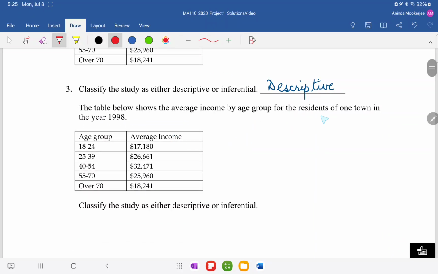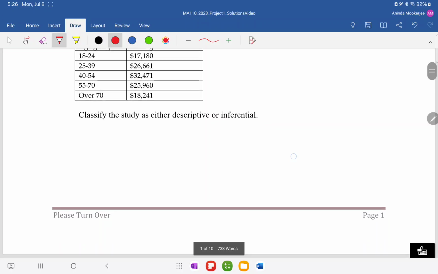So for this one, we should conclude that it's descriptive statistics because they've just taken actual data from whatever place it may be, and they have just organized it as a table and given it to us, right? So this would be descriptive statistics because it doesn't say that these are estimates, or it doesn't say it's based on a sample and so on, right? So that's question number 3.